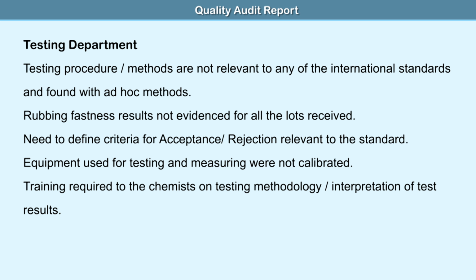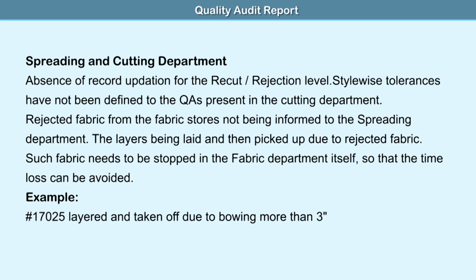Need to define criteria for acceptance, rejection relevant to the standards. Equipment used for testing and measuring were not calibrated. Training required to the chemists on testing methodology, interpretation of test results. Spreading and cutting department.